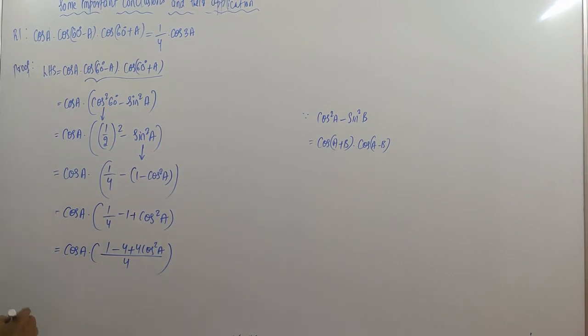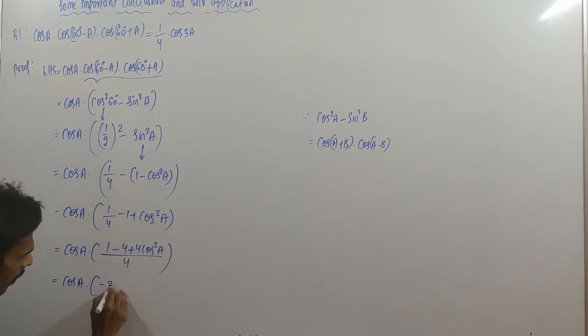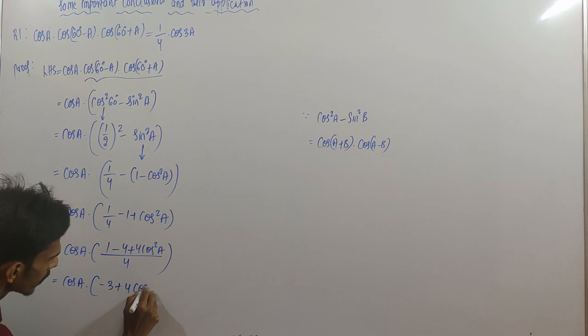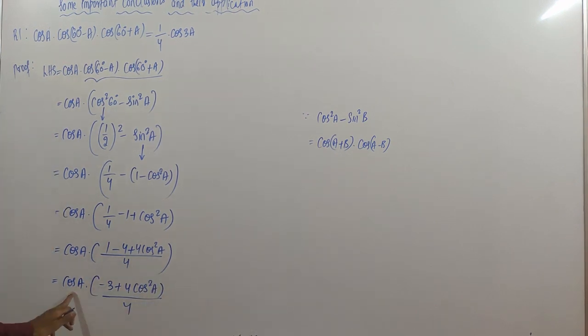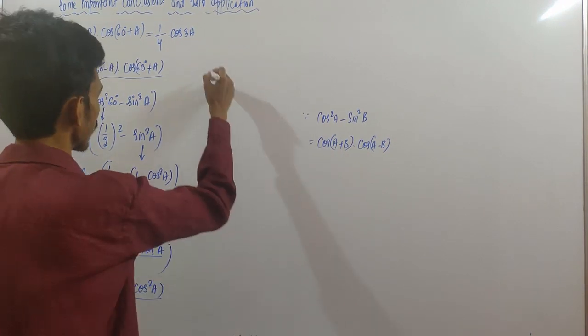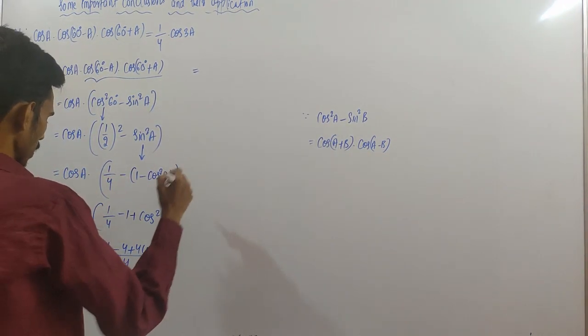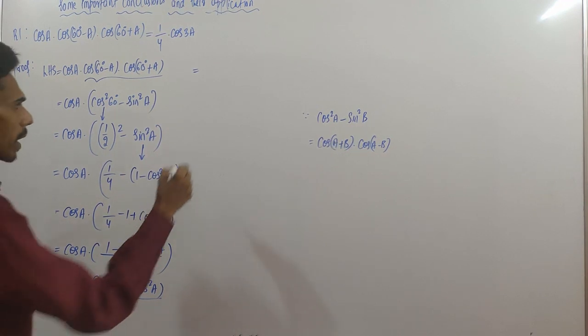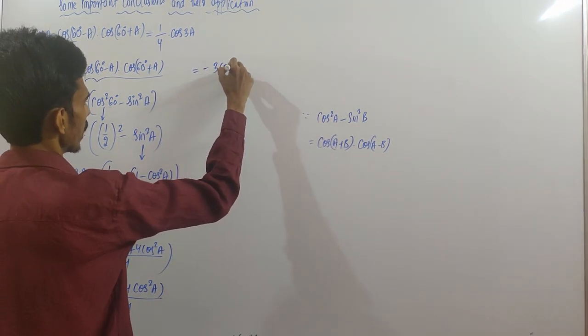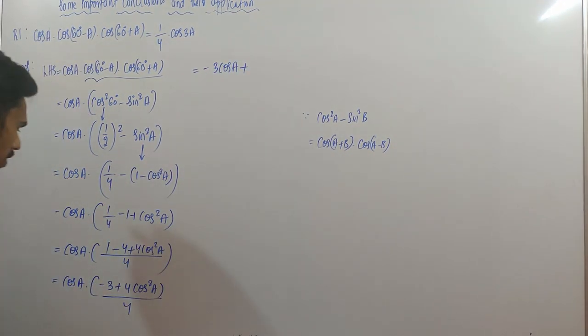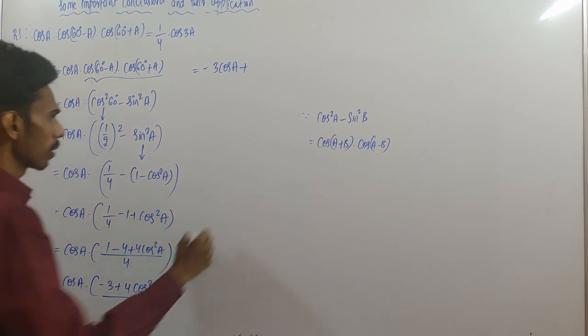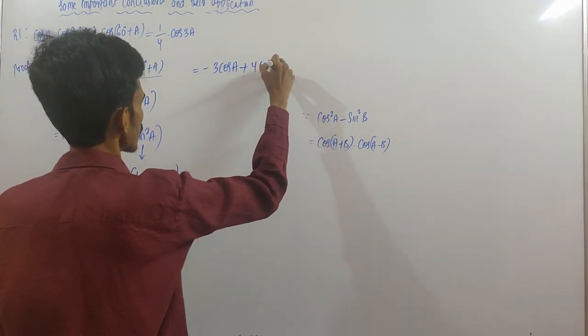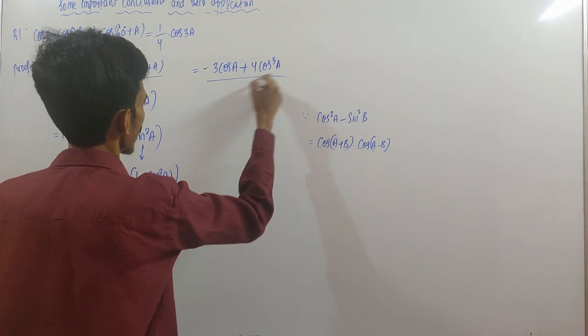Now this can be written as 4 minus 1 is minus 3 plus 4 cos square A divided by 4. Now multiply this cos here. We have minus 3 into cos A, minus 3 cos A plus cos into cos square will be cos cube, 4 cos cube A divided by 4.